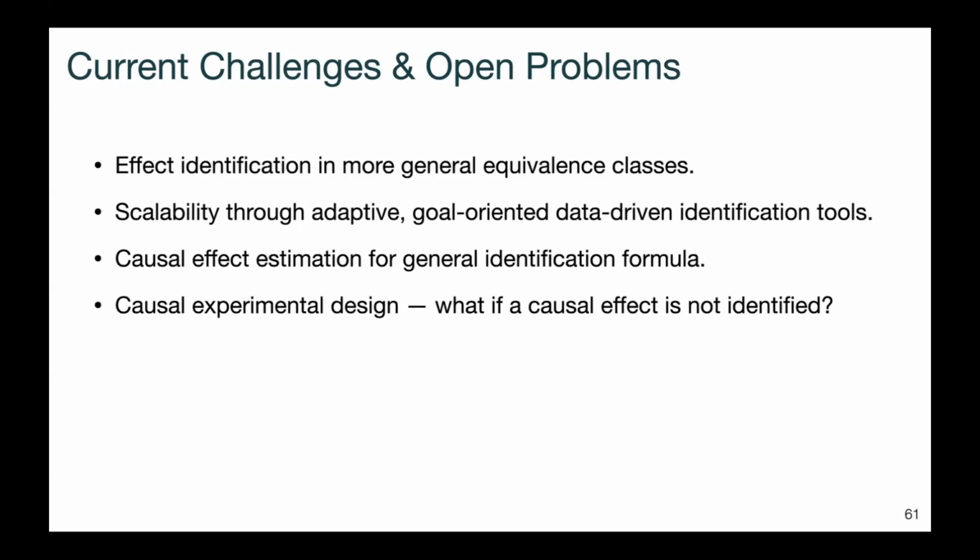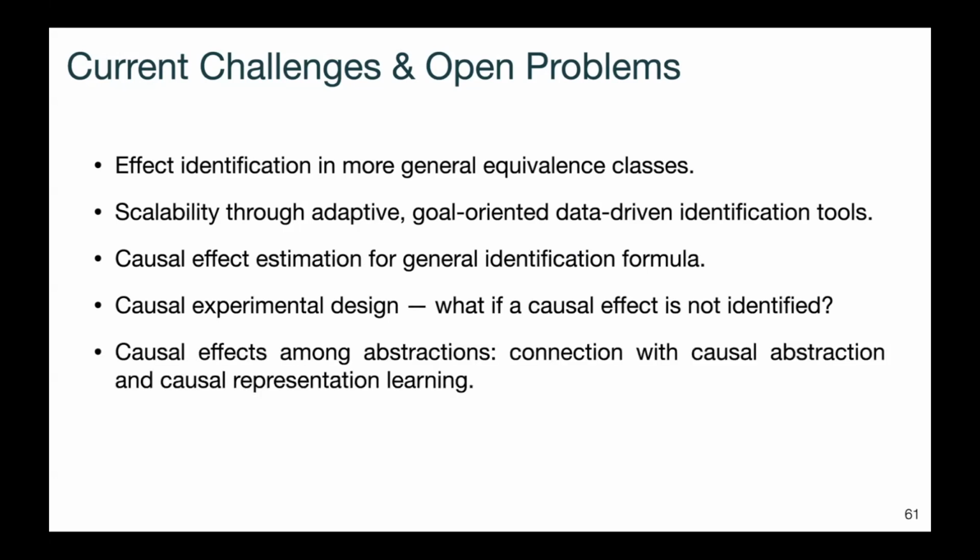Causal experimental design is something that I haven't discussed, but it's a challenge, especially in the situation where you have latent variables. And effects among abstractions. The paper that I showed you is doing this already, but how can you connect maybe with causal representation learning and other types of causal abstraction? There are several limitations there.